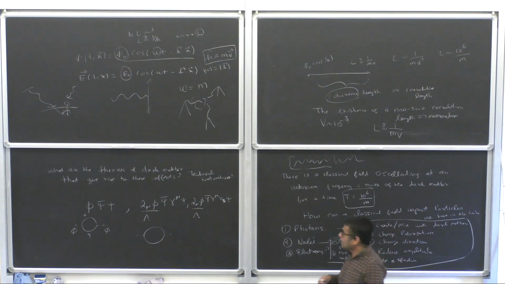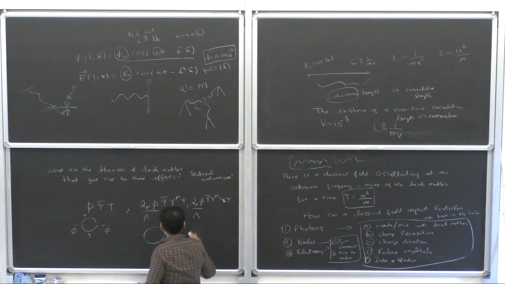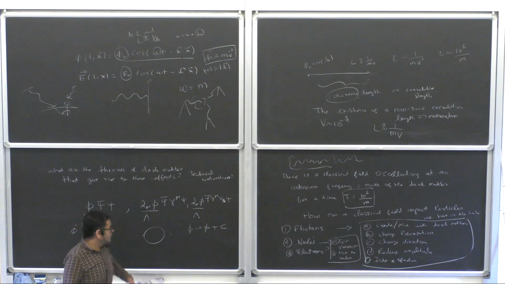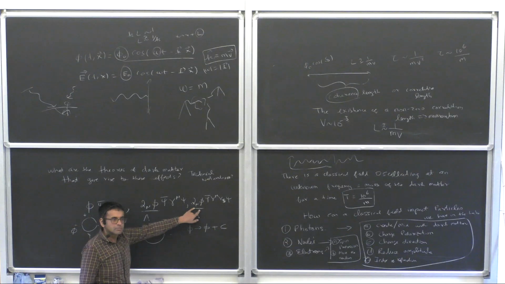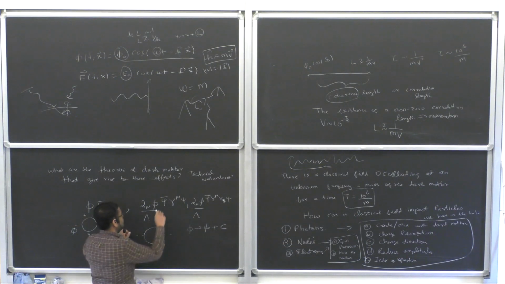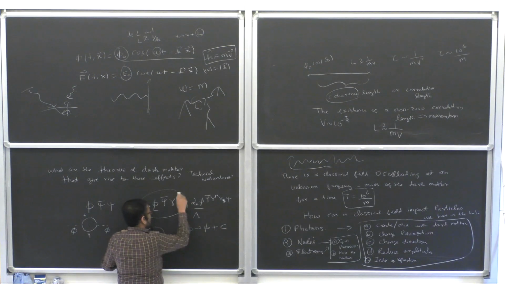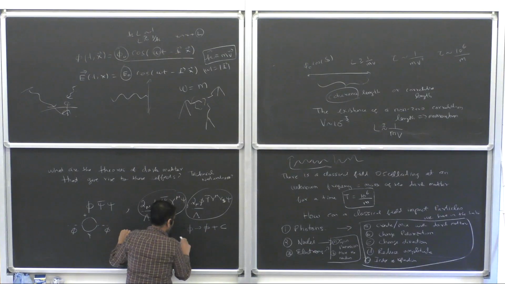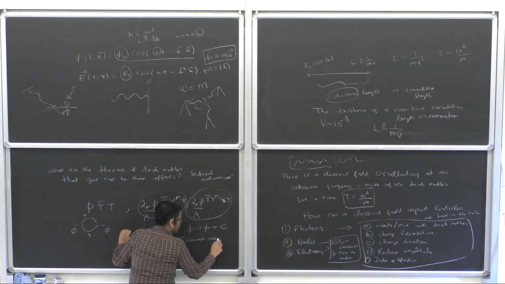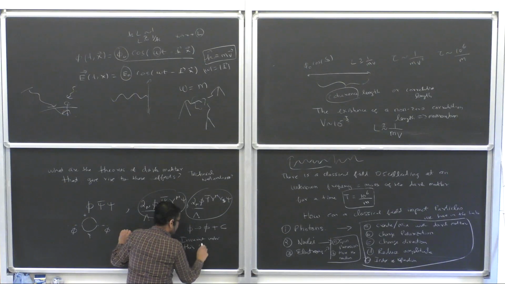Okay? So what you realize is that for these two terms, I can send phi to phi plus some constant c. When I do that, the derivatives do not change. Right? So these terms, this guy and this guy, are invariant under this shift symmetry.